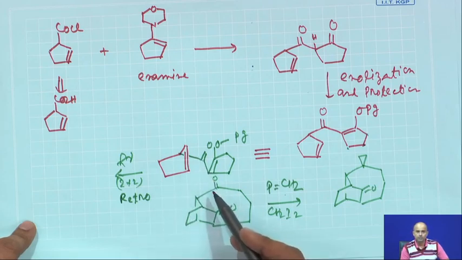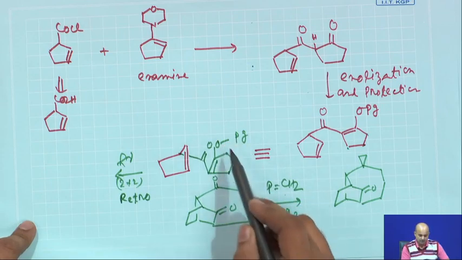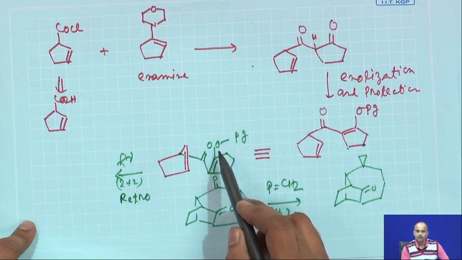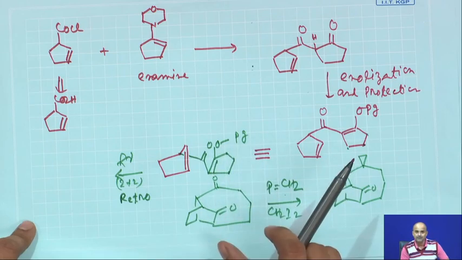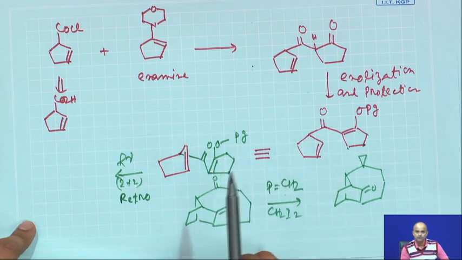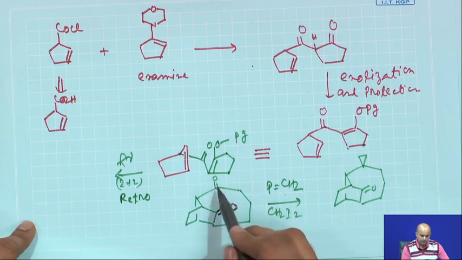Now, once the 4-member overbred has been generated, you remove the PG to make this free OH. Then this OH undergoes a retro-aldol reaction to release the strain of the cyclobutane system. Once the cyclobutane strain has been released, you get the diketone compound. Out of these 2 ketones, as I said, you have one ketone here, one ketone here.